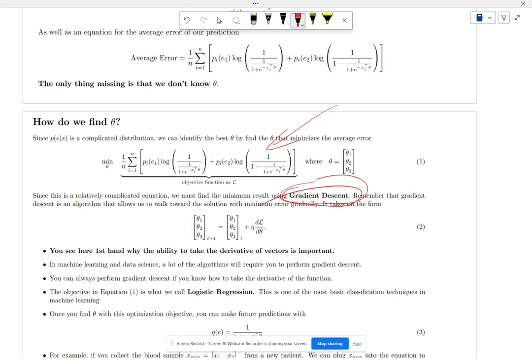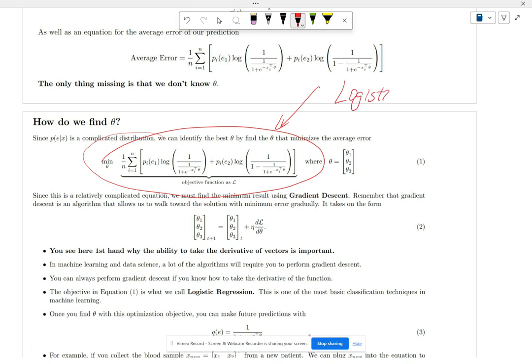At this point, I would like to think that you have done enough practice so that you have confidence you can find the derivative. But even if you don't, you get the point of where this logistic regression objective came from. This is the logistic regression.